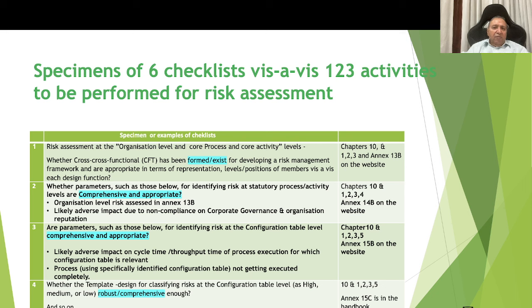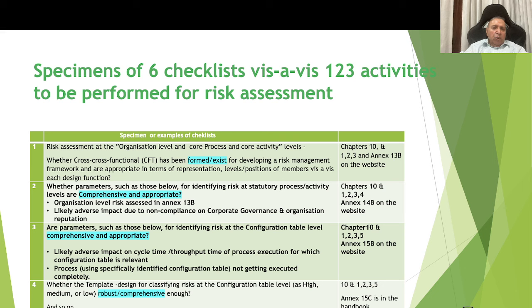In the first row I have indicated whether the CFT, cross-functional team, has been formed or exists for developing a risk management framework, and is appropriate in terms of representation, level and positions of members who will perform this risk assessment within the design function. I have given the chapter number and the annexures where details are available on the making of the checklist.